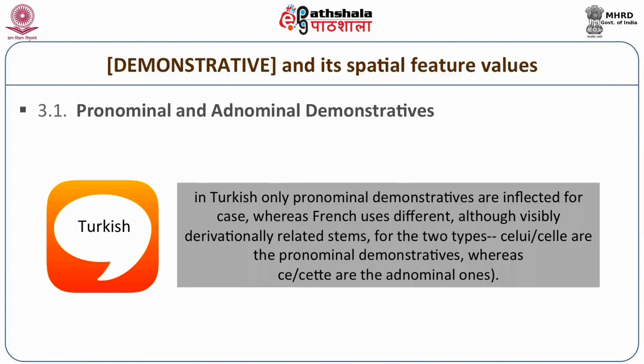In other languages, however, there is a morphological difference between pronominal and adnominal demonstratives. In Turkish, only pronominal demonstratives can be inflected for case, whereas French uses different demonstratives for the two types. Celui or celle are the pronominal demonstratives, whereas cet and cette are the adnominal ones.